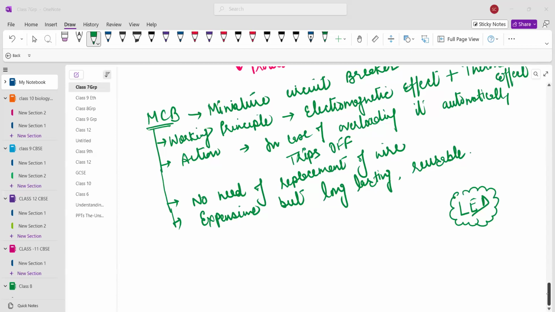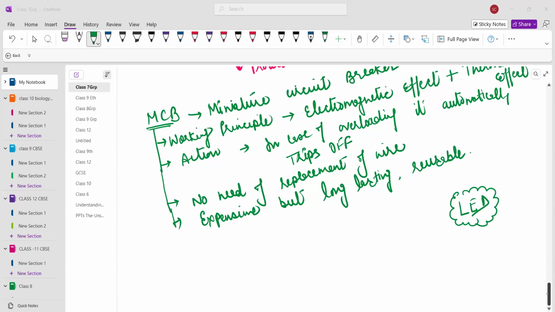Ma'am, LEDs have less power consumption. Yes, very good. It consumes very little electricity as compared to the normal filament bulb. A normal filament bulb consumes more electricity, but LED consumes very little electricity.